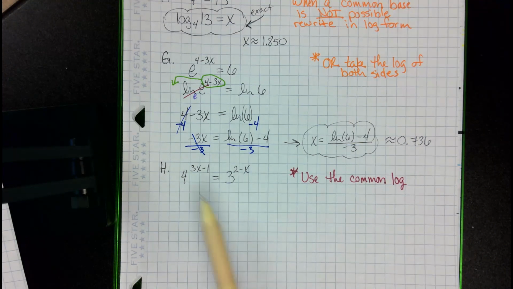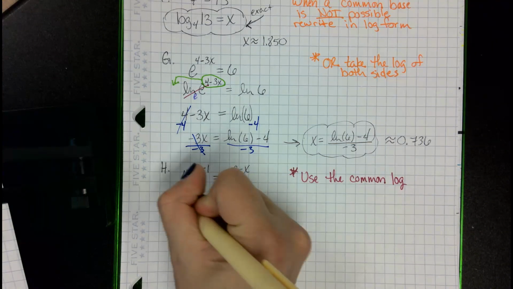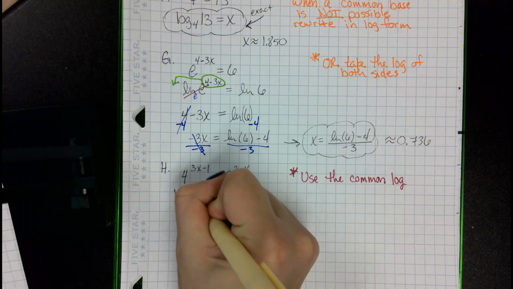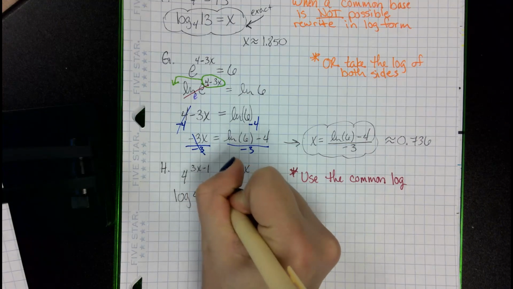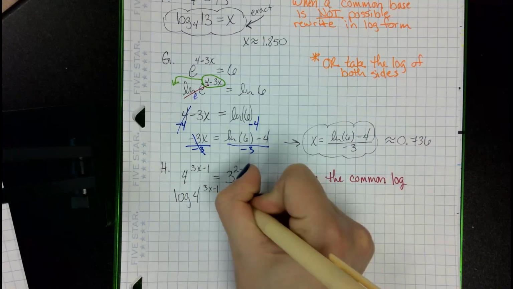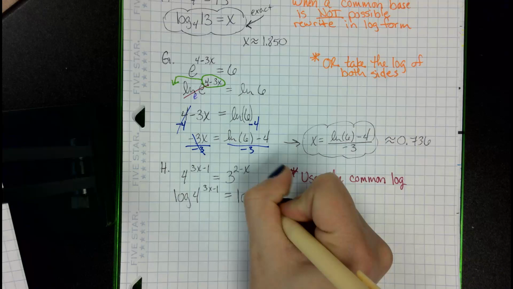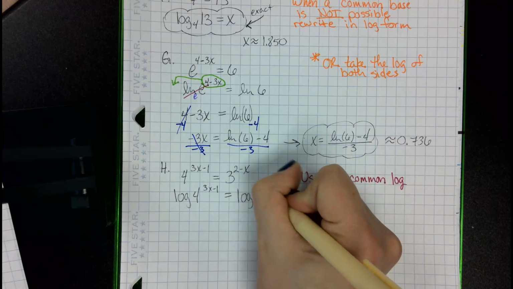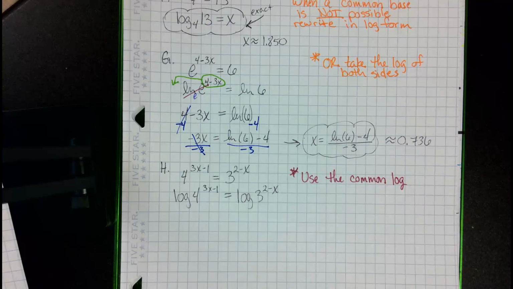I can't match the bases. Kind of running out of things to do. Just use the common log and do log of 4 to the 3x minus 1 equals log of 3 to the 2 minus x.